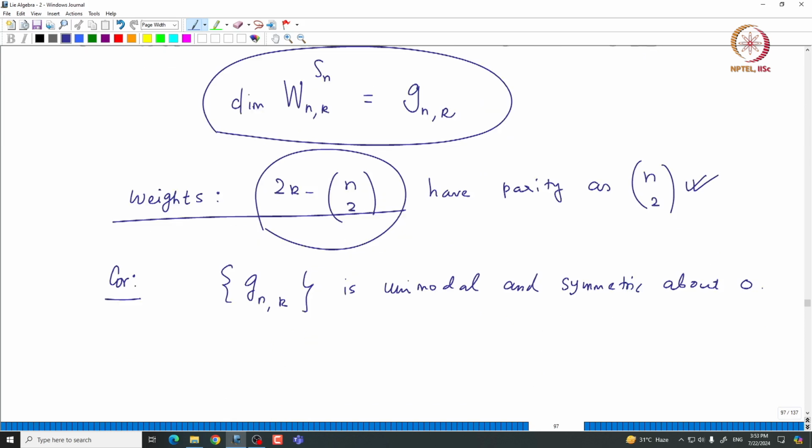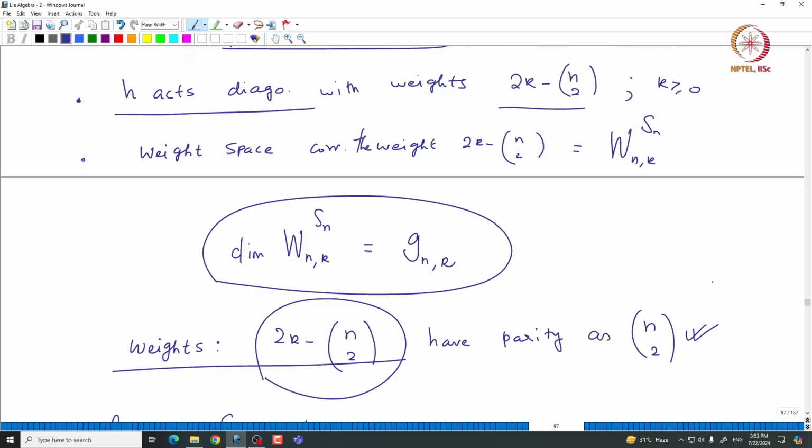I hope you will be able to work out all the details of this example. Similar to this, one can find many examples in the literature. This is a very nice approach: if for some reason you know that you have a sequence which is unimodal and symmetric about the origin, then maybe there is a natural SL2 action on it. One can look for that and then try to prove that because of that action it becomes unimodal and symmetric about the origin.